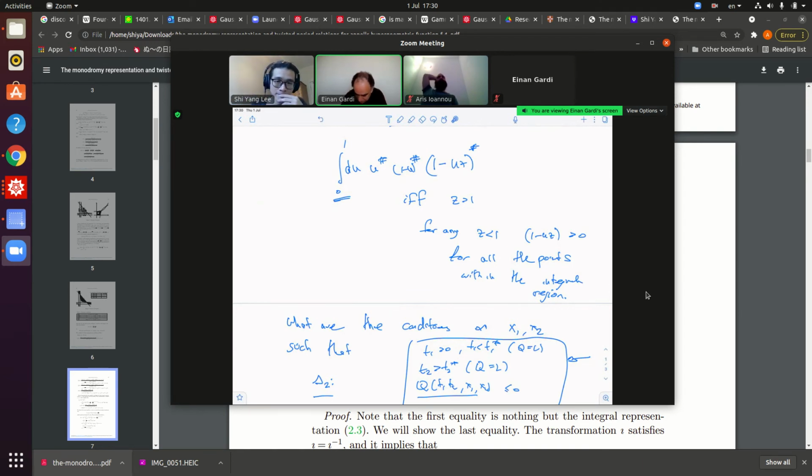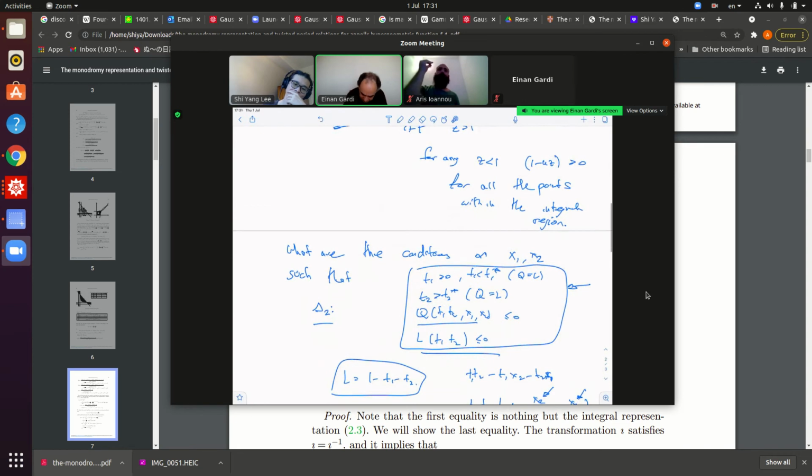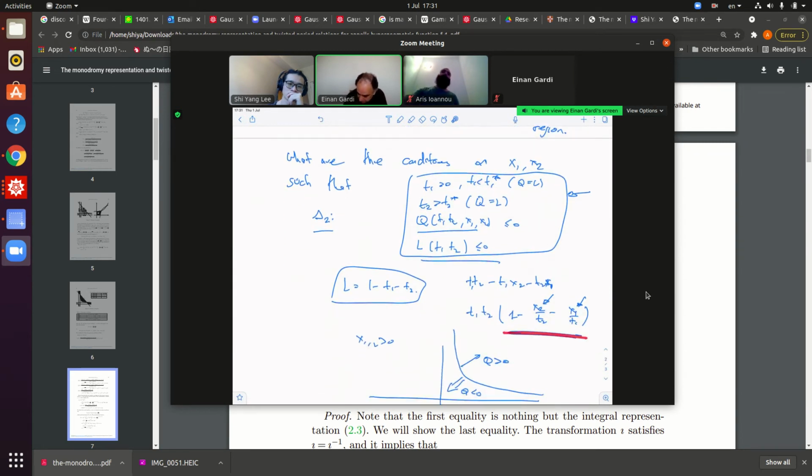So if it's larger than 1, then within this region we have a branch point. We have a situation where one of the factors is 0 within that integration region. So now, if we fix x1 and x2 somehow, can it be that within this integration region, for some T1 and T2 this would be positive, and for other T1 and T2 this would be negative?